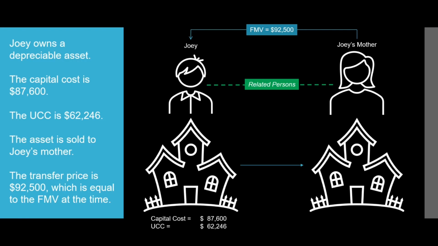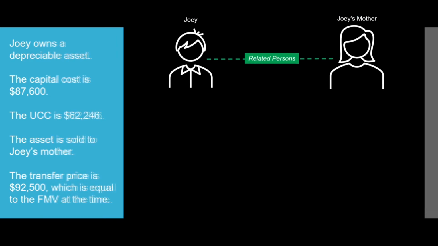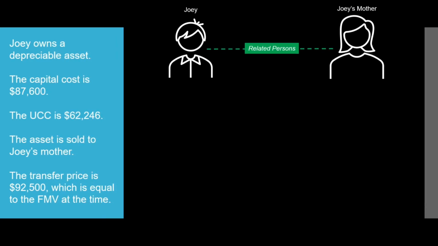Let's focus on the tax consequences for each individual now that we've seen the picture. Again, we were not told what class this asset was in, but we were given sufficient information to figure out what to do with the CCA class. We were given the opening undepreciated capital cost of $62,246, and we know the asset was sold.